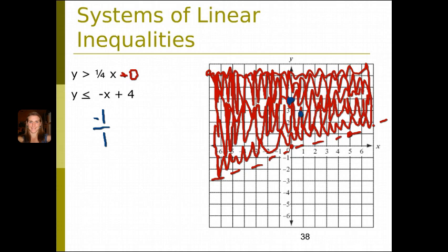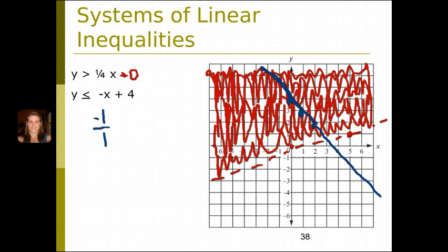Remember, the slope is the same all the way through, so if I wanted some more points, I could just go down 1 to the right 1 again. Look at my inequality symbol, and since it's less than or equal to, I know that my line is a solid line, and this boundary includes all of the points on this line. Again, it goes straight through the points as straight as I can.